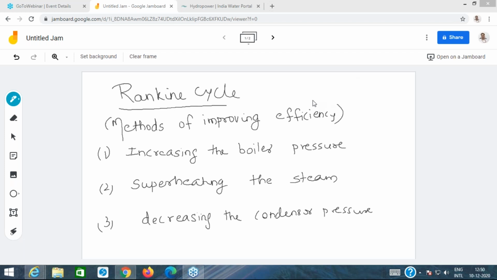Right, Pranav. So we talked about the theoretical cycle of the power plant. What is the thermodynamic cycle of the power plant?